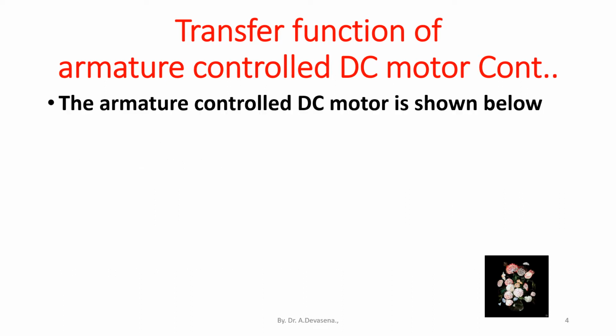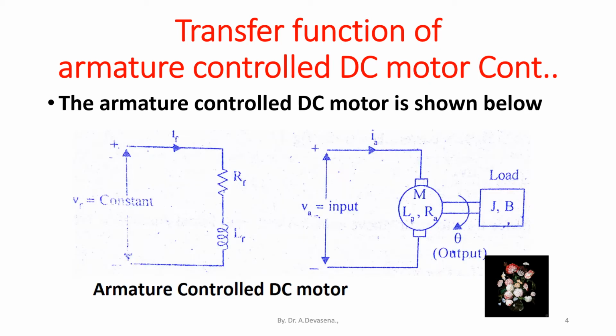The armature controlled DC motor is shown below. This is the diagram for the armature controlled DC motor. In this diagram, the field is excited by the constant voltage V_F and the input is applied to the armature of the DC motor. The load is connected to the shaft of the DC motor. This is indicated in this diagram.